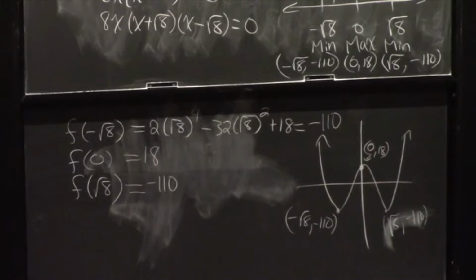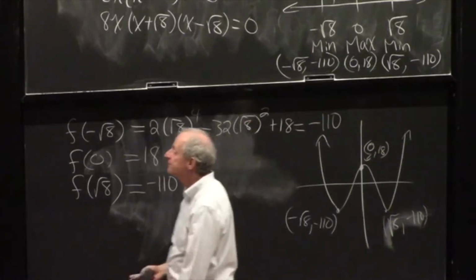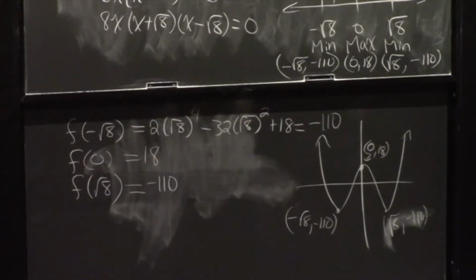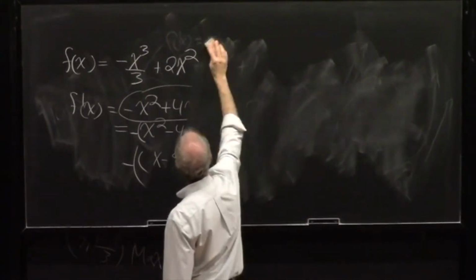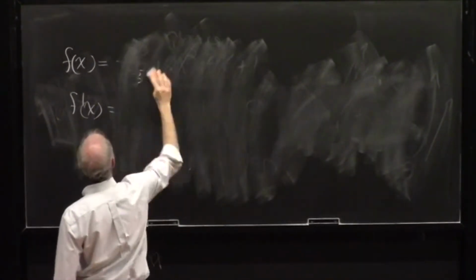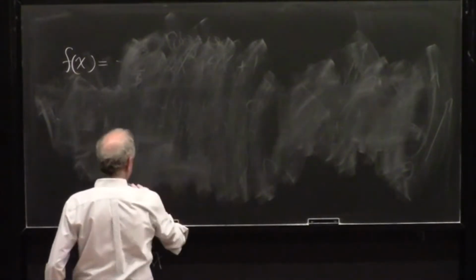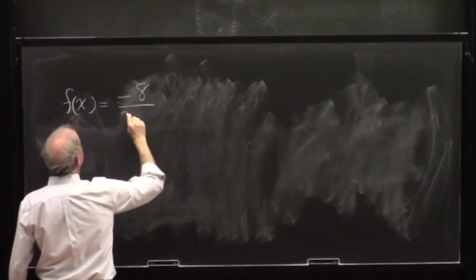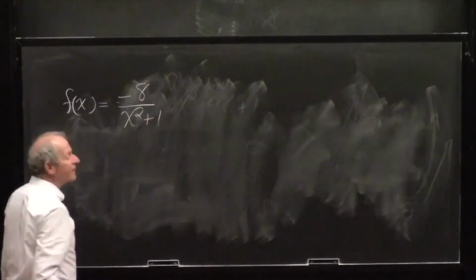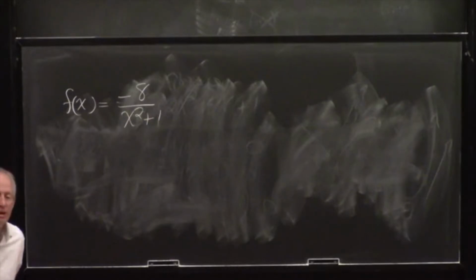All right, now let's try a more complex graph. How about f of x equals negative 8 over x squared plus 1.